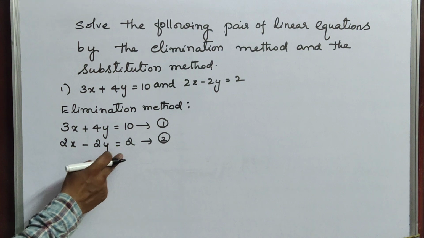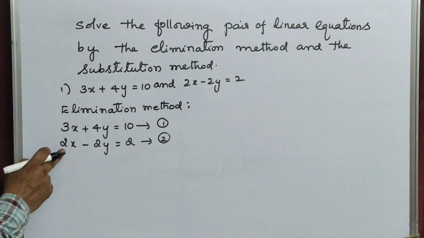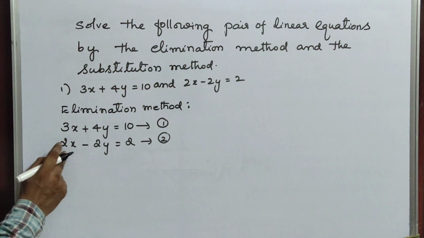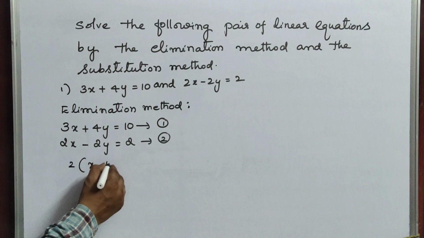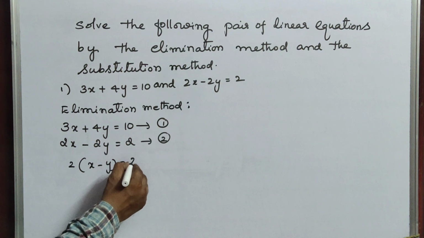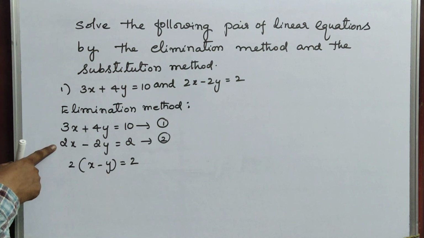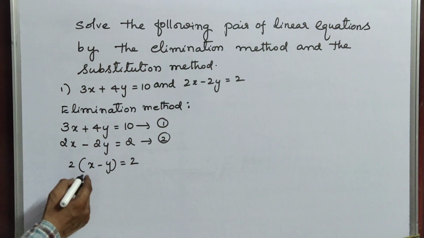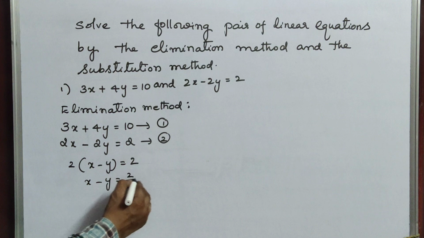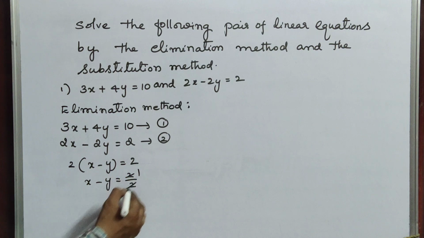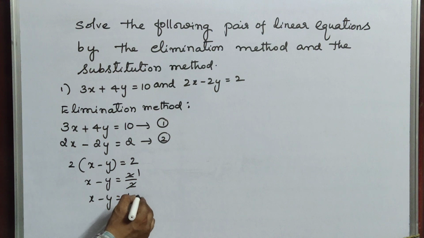In this, 2 is common everywhere: 2x, 2y, 2. So take 2 common: x minus y equals 2 by 2, that is 1. That means x minus y equals 1.